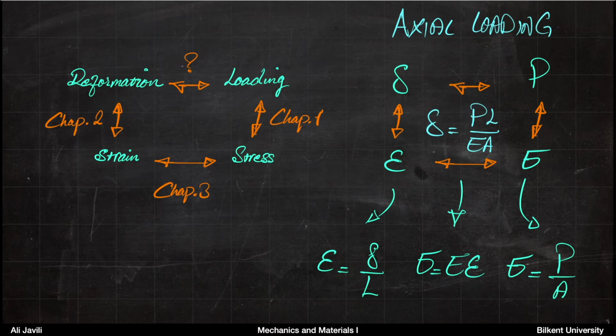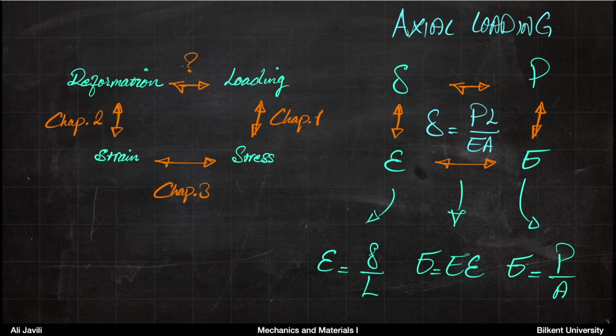For stress, also we would have normal stress for this type of problem for axial loading, and normal stress sigma would be defined as force divided by area. The relationship between normal stress and normal strain is Hooke's law, so sigma equals E epsilon, with E being the Young's modulus or the modulus of elasticity.